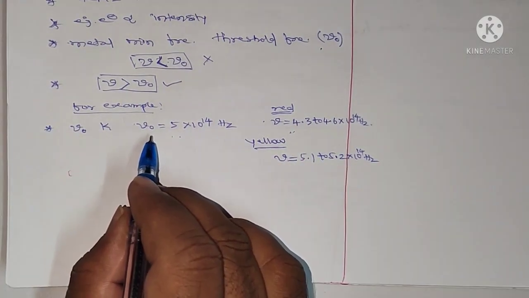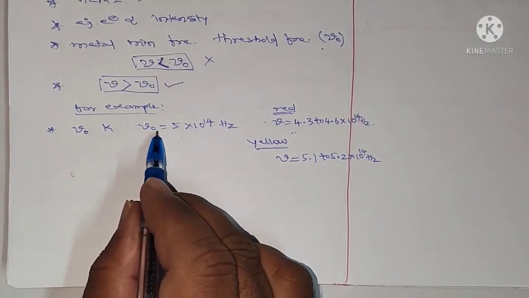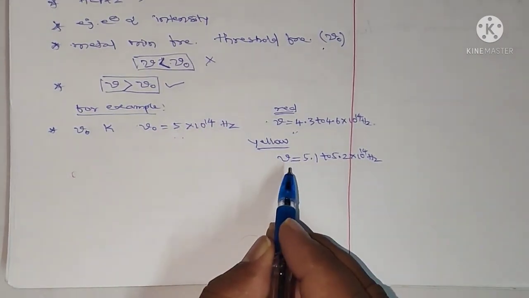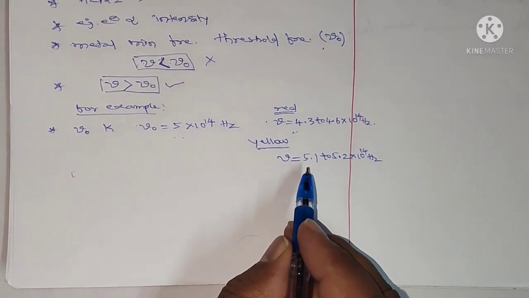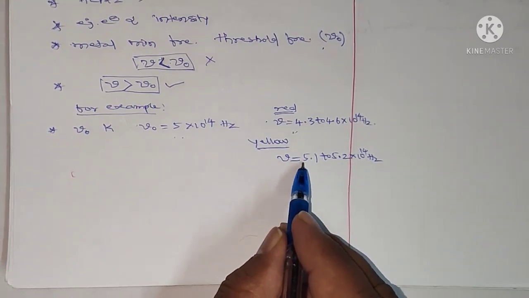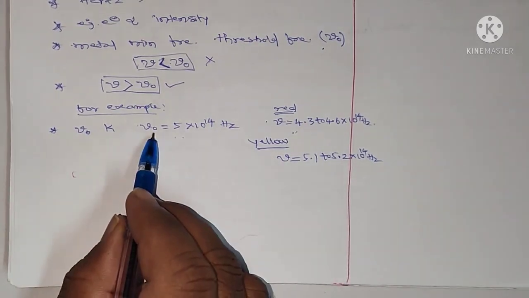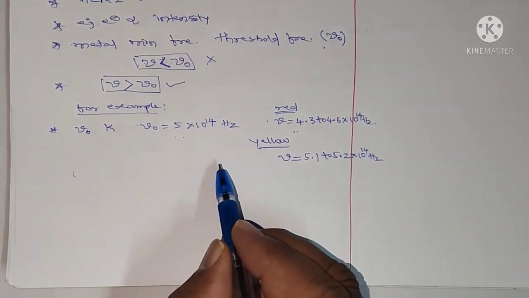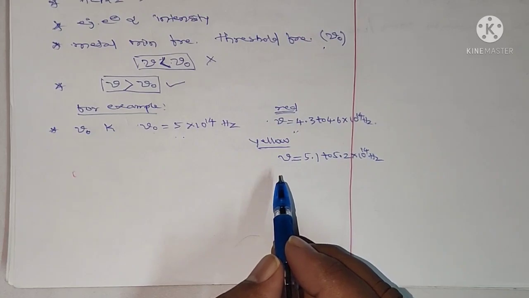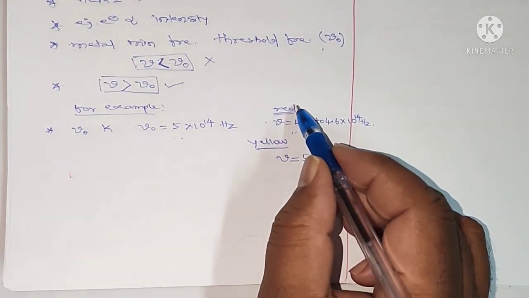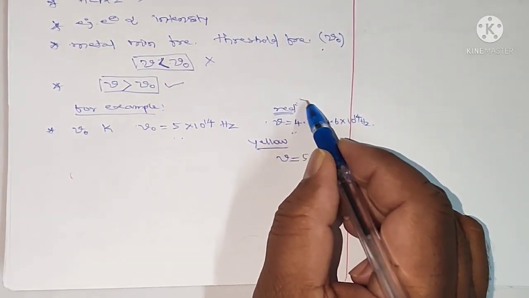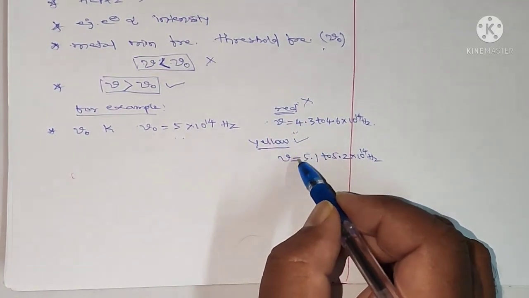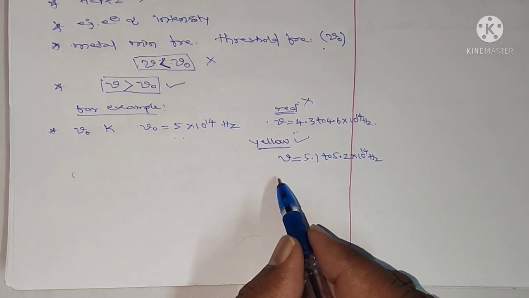And the threshold frequency is mu naught equal to 5 into 10 to the power of 14 hertz. So here the incident light frequency is more than the threshold frequency. So in this case the electrons will be ejected. So using the red light, electrons are not ejected, but using the yellow light, electrons are ejected.